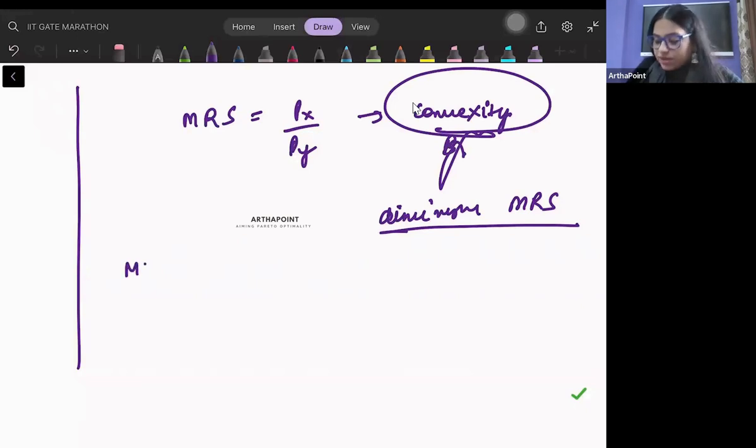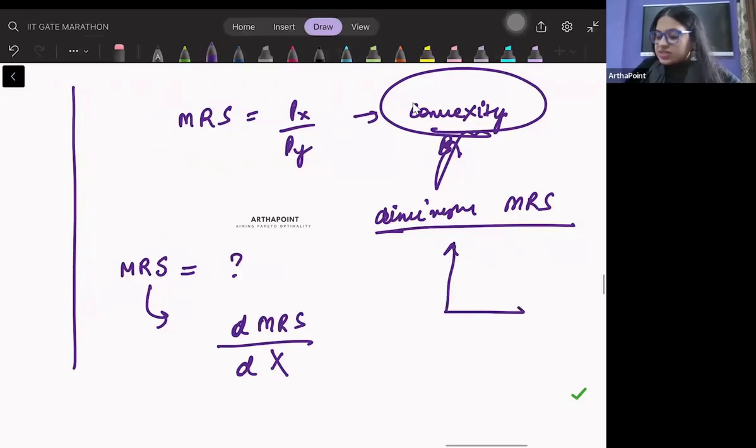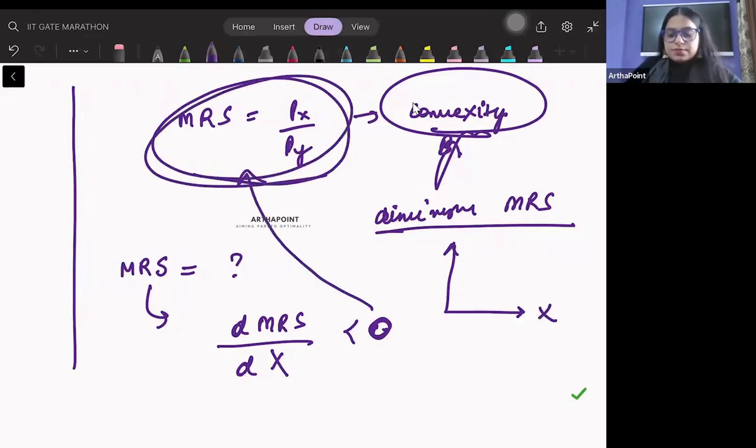First we have to find the MRS. Once you have found the MRS, you differentiate it with respect to good X, because I am taking good X on the X-axis. And if this is less than 0, only then you will apply this rule.